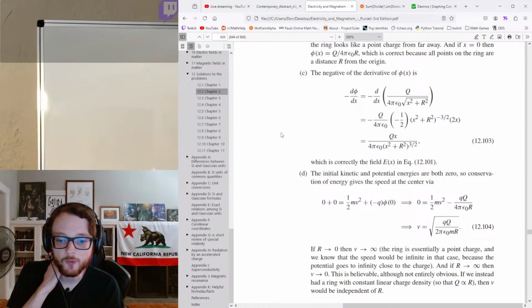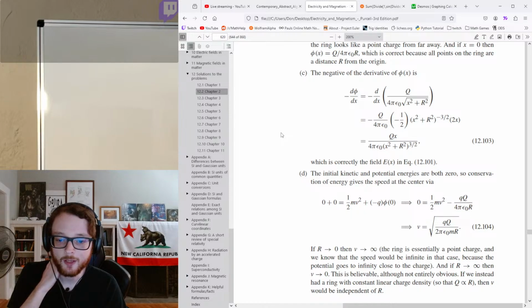If the radius of the ring approaches 0, then velocity approaches infinity because it becomes a point charge. And you get asymptotic behavior, okay. If R approaches infinity, then V approaches 0. This is believable and not entirely obvious.